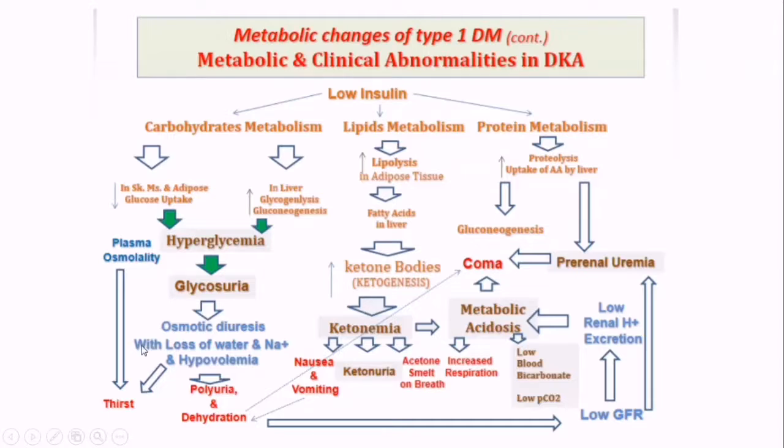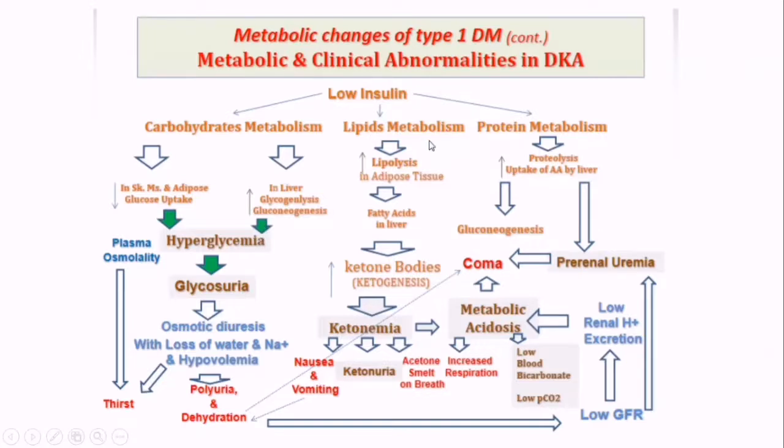With diuresis there is loss of water and sodium ions, which leads to a reduction in the total body water volume, that is hypovolemia. So polyuria and dehydration are seen with increased thirst. Then in the liver there is increased glycogenolysis and increased gluconeogenesis, which also leads to the hyperglycemic condition.